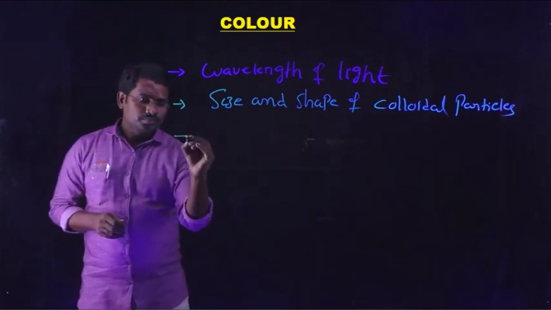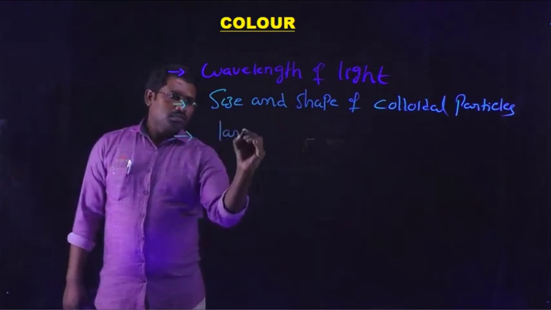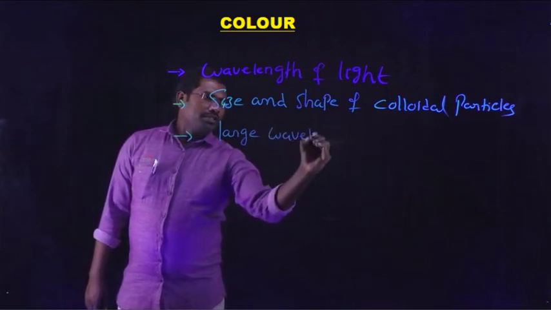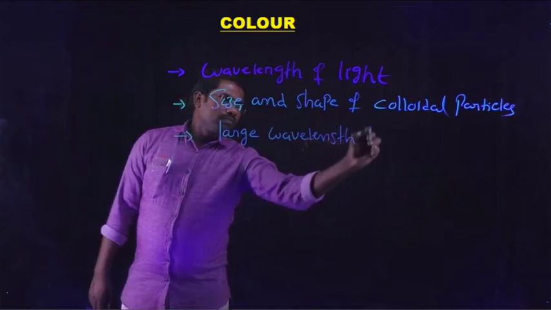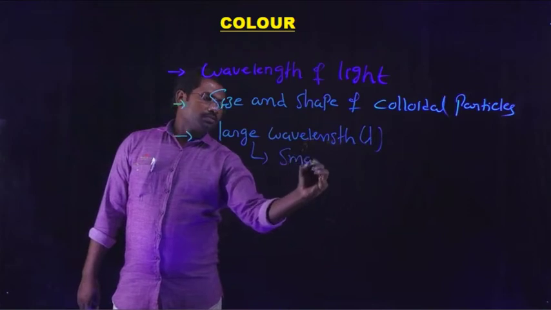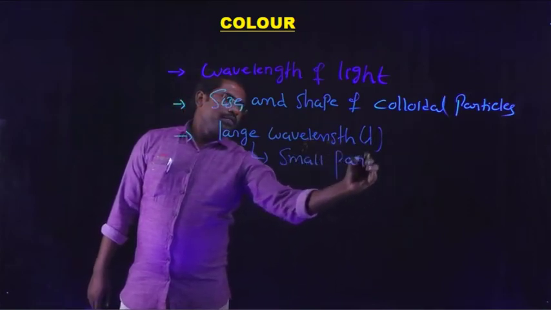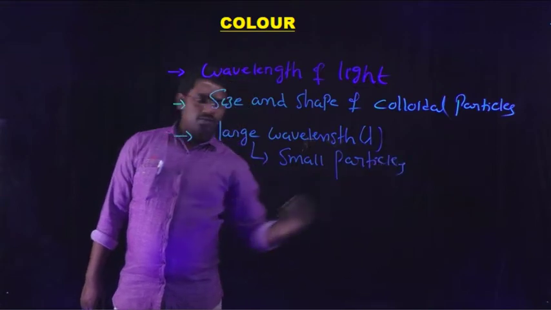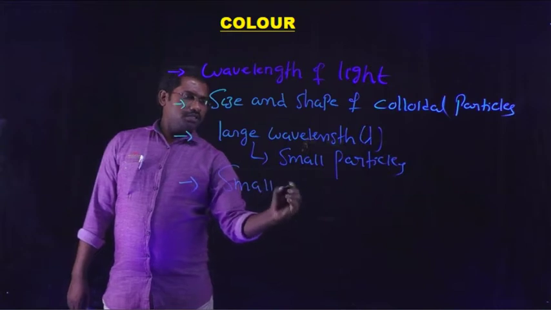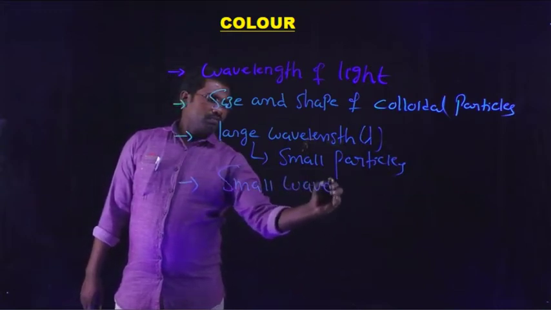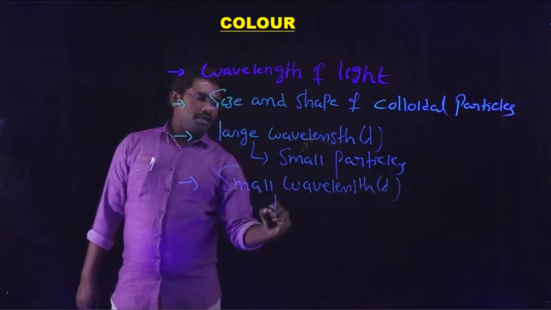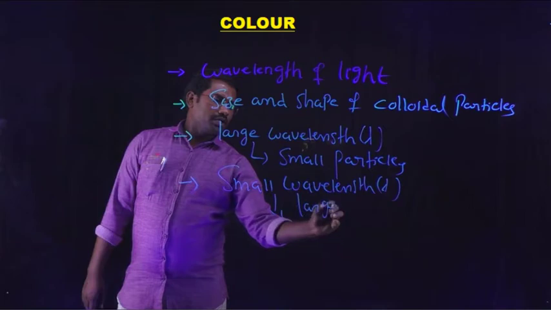Generally, large wavelength light is scattered by small particles, and vice versa, small wavelength light is scattered by large sized particles.